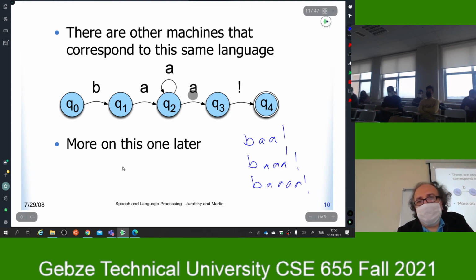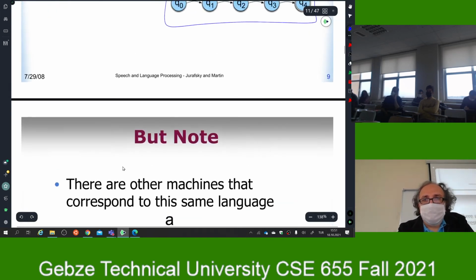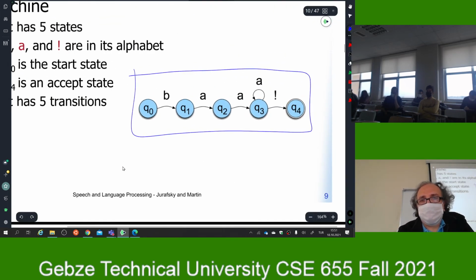A will take me either to Q3 or to Q2. I cannot make a decision by looking at A, but previously I didn't have this problem. A will definitely take me to Q3, then Q2, then Q3. Another A will keep me at Q3, and if I get an exclamation mark, I am at Q4.